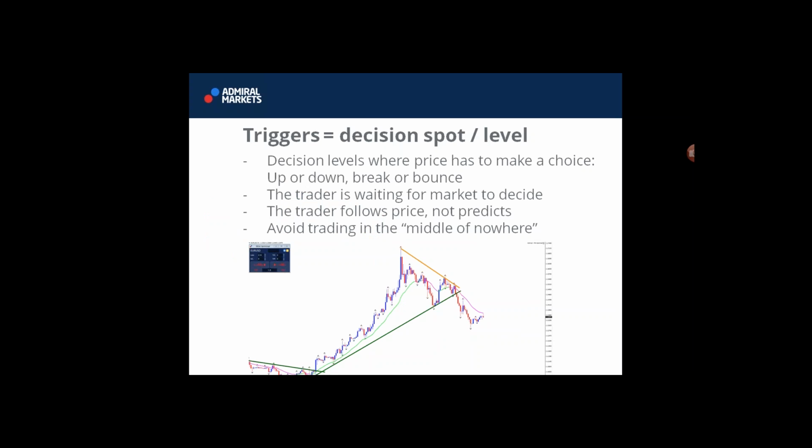So decision levels basically are lines in the sand. They are where price has to make a choice. And as a trader, we're waiting for the market to decide. Sometimes, if we have enough experience, we could take the decision before the market decides and take that risk.